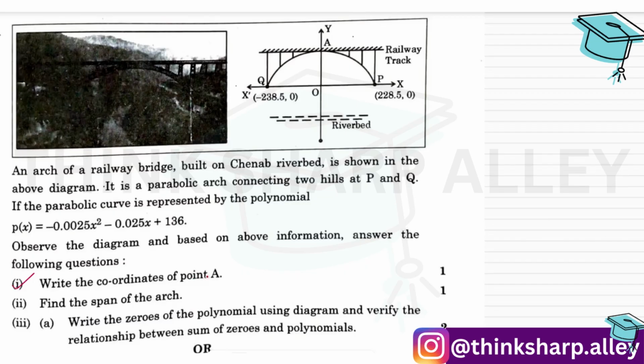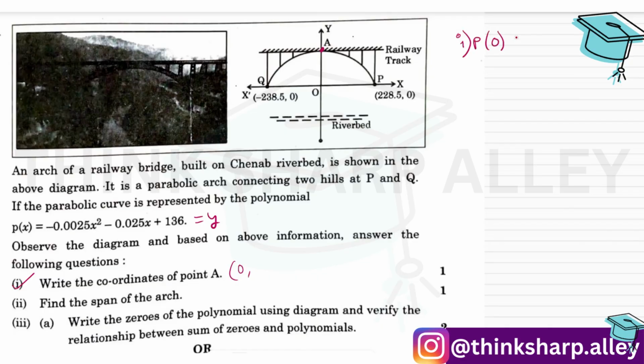First question is to write the coordinate of point A. Point A is lying on the y-axis, which means its x-coordinate is 0 and y-coordinate will be. Now, since it's lying on the parabola, the value of the parabola itself is called y, right? So we just need to find the value of the parabola when x is equal to 0.